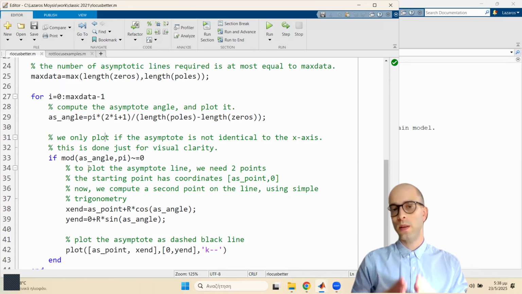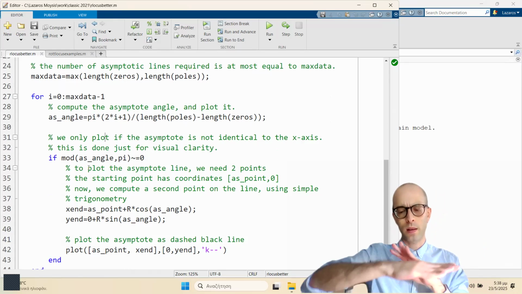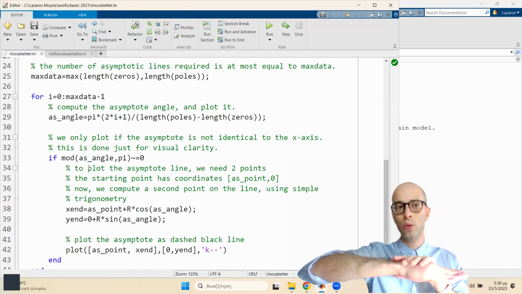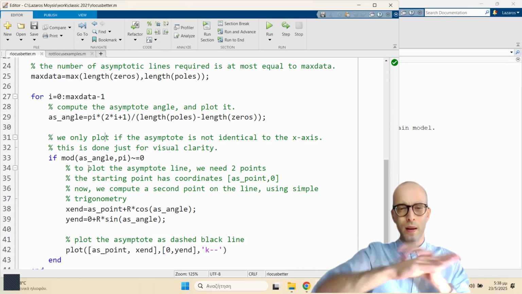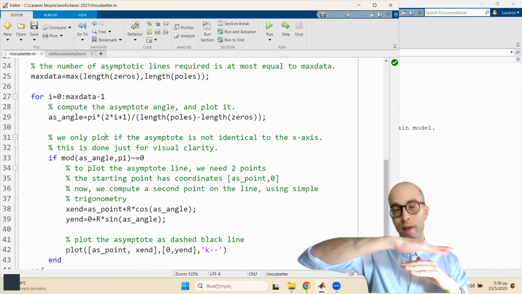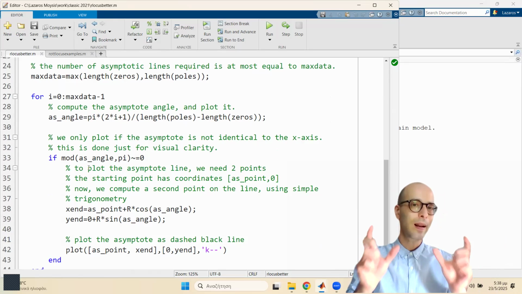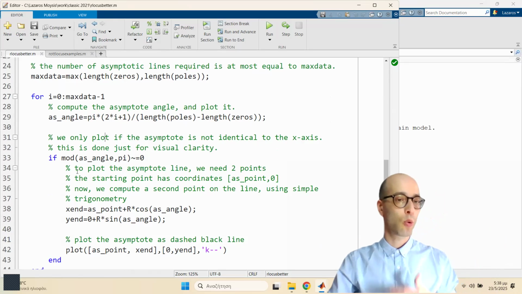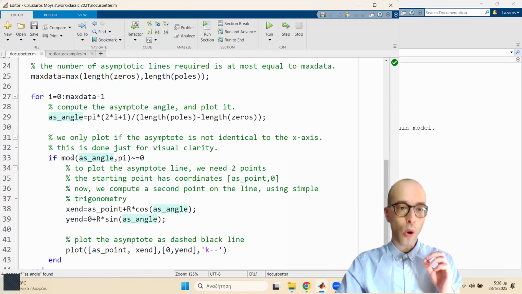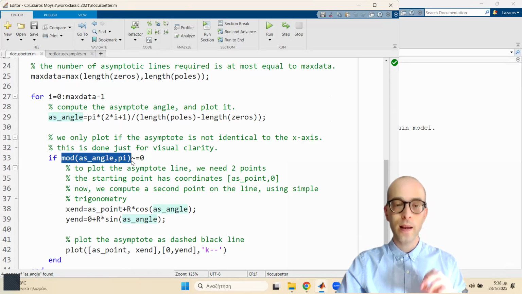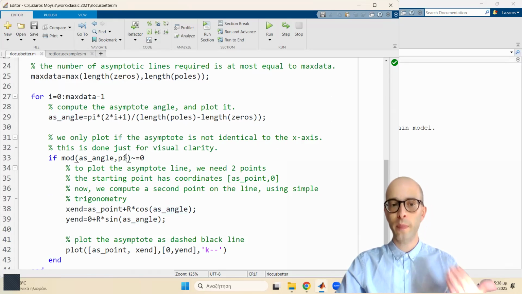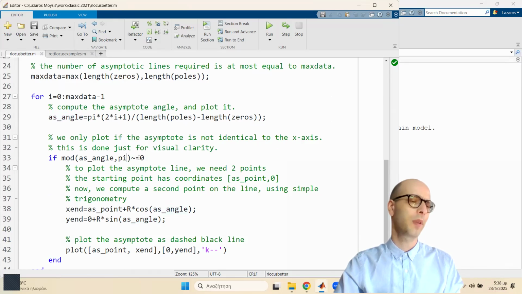If I add the asymptotes, the root locus is going to look a bit crowded, and I don't want that. So I plot the asymptotic line only if the angle is not a multiple of pi. If you don't like that, simply remove it.